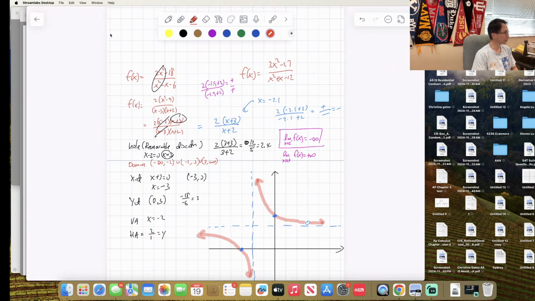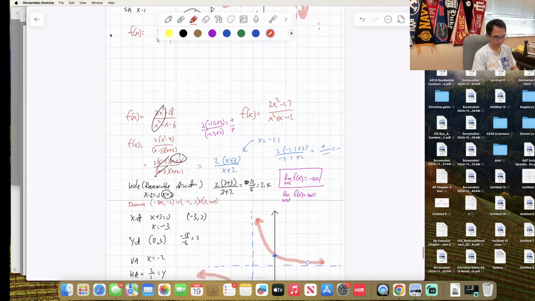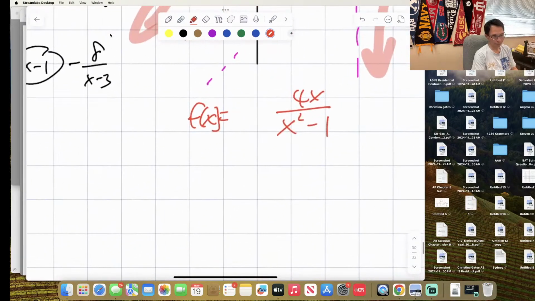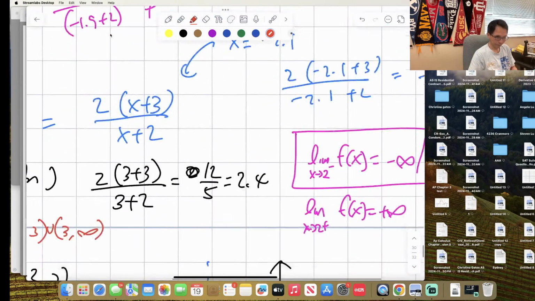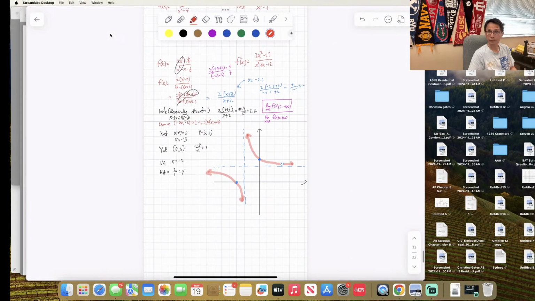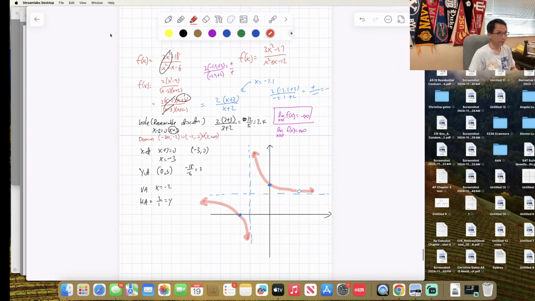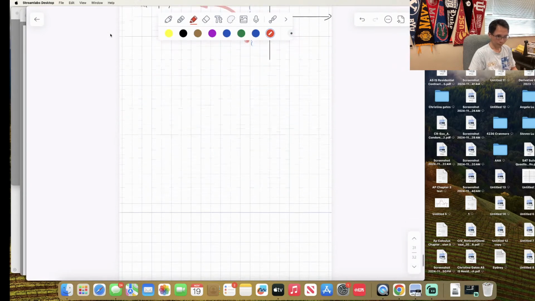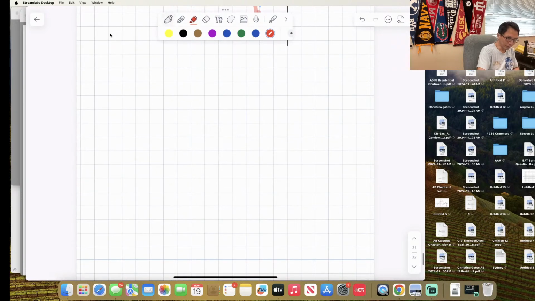Can you go over 4x over x squared minus 1? This one? Yeah. Okay. 4x over x squared minus 1. Is that right? Yeah.